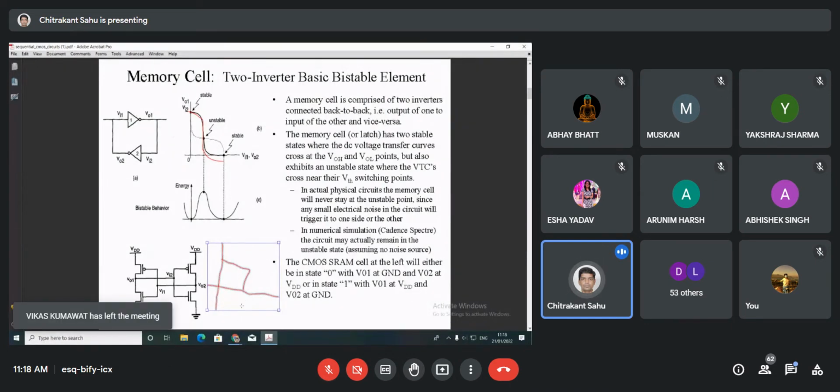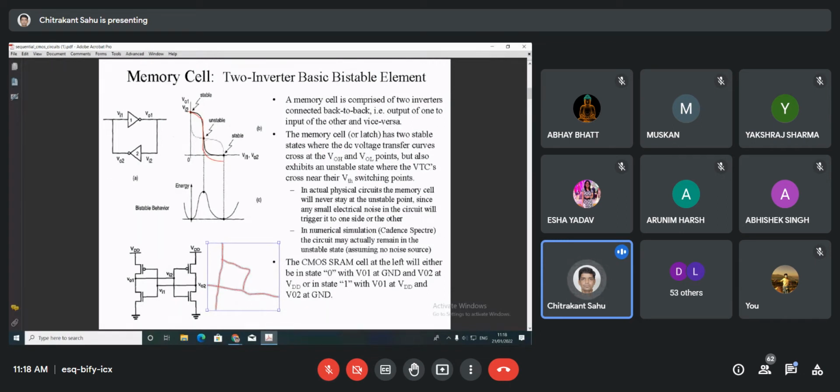So what will this particular point, this straight line that is going down, that is equal to VDD. Okay, so we can say VDD by 2. So in any ideal CMOS, the maximum noise margin possible is equal to VDD by 2.